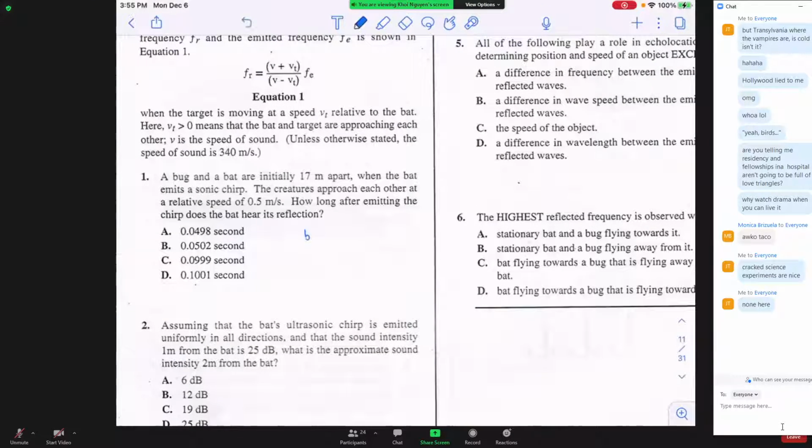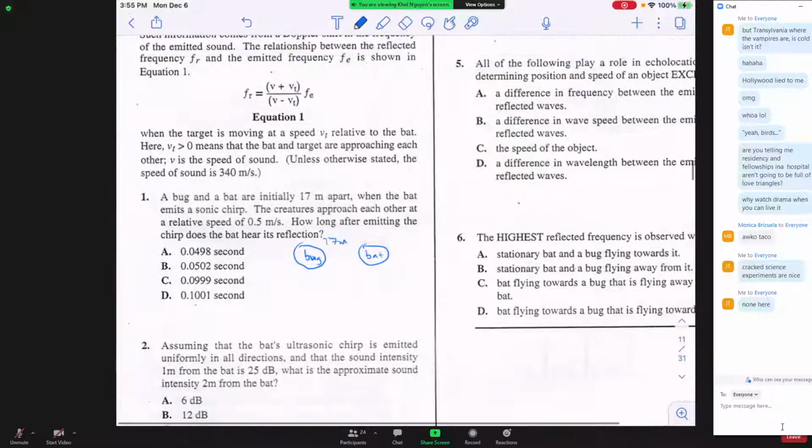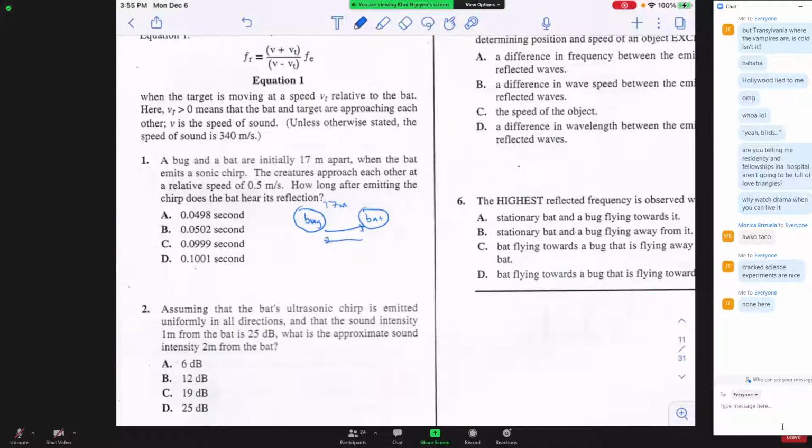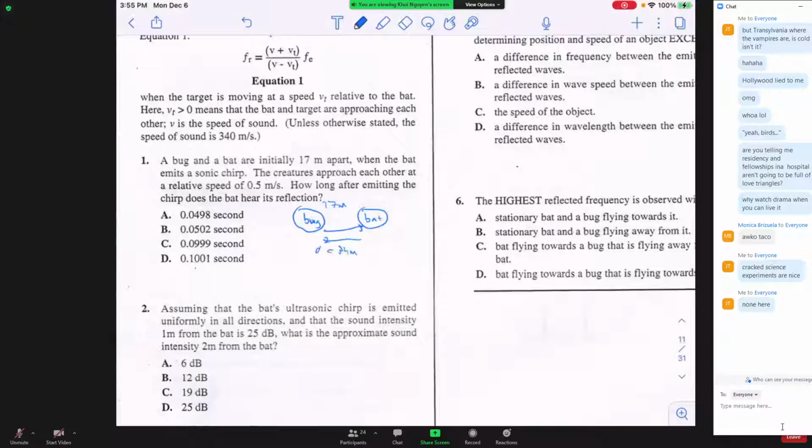So we have the bug and then we have the bat. They're 17 meters apart. If sound were projected and they were staying still, it would go 17 meters there and then 17 meters back. So that'll be a total of 34 meters of total displacement that you'll have to cover.